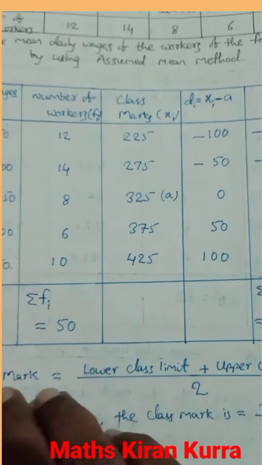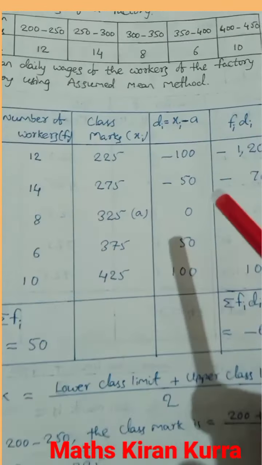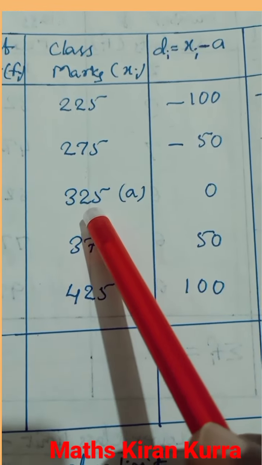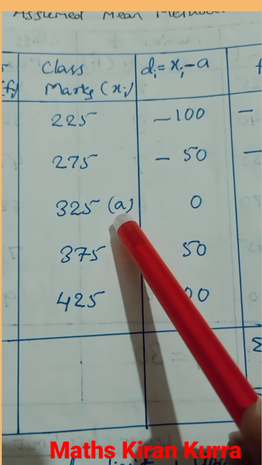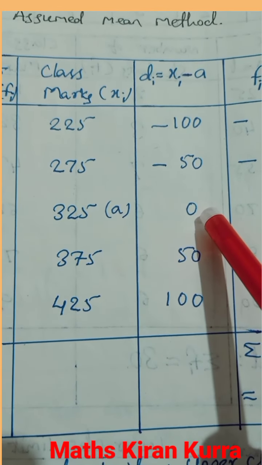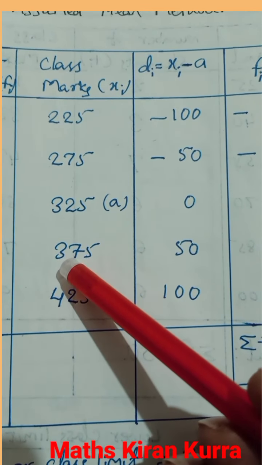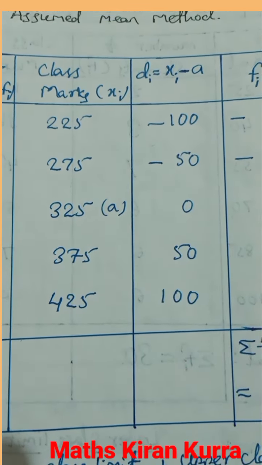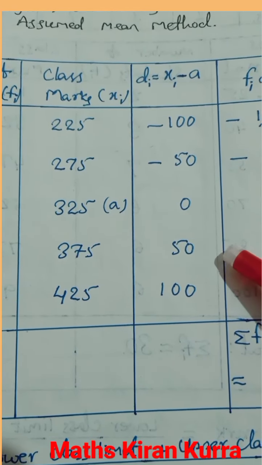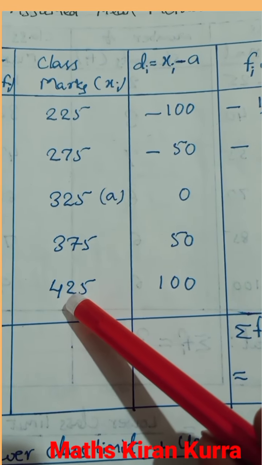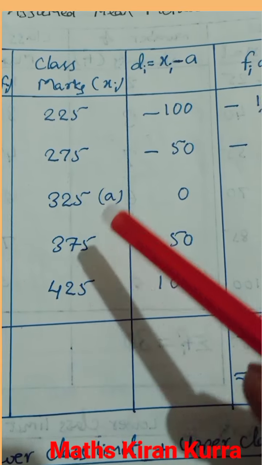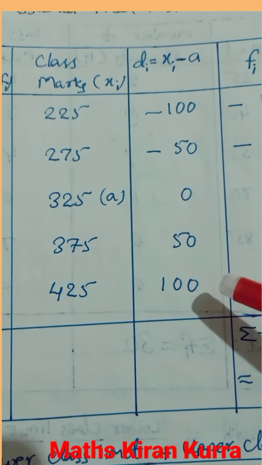Next in the third row, xi is 325, so 325 minus 325 is equal to 0. Now the fourth one, 375 minus 325 gives 50. The last one, 425 minus 325, is equal to 100.